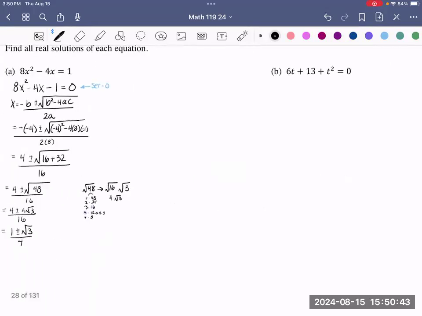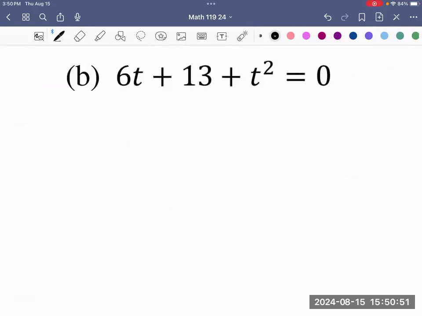Okay, let's try it again with B. Now, a lot of students won't take the time to do this first step, but sometimes they end up getting points off because they made such a silly mistake or a silly decision. Notice that we do not have the proper notation. So let's go ahead and rearrange it so that your terms are in descending order.